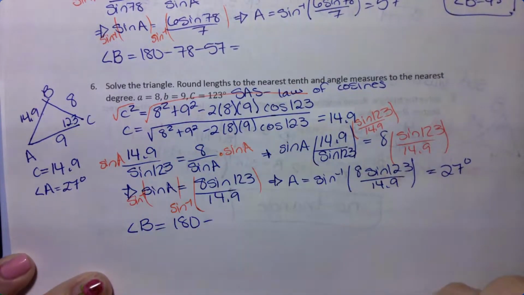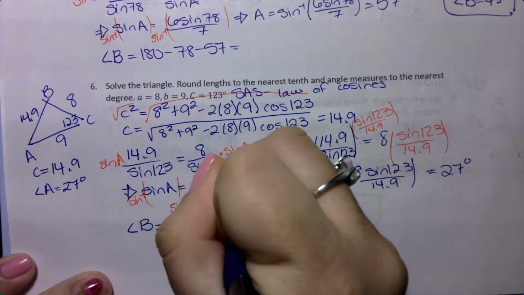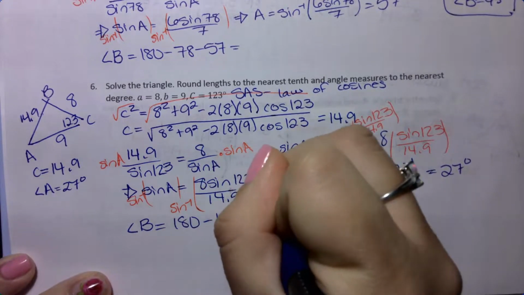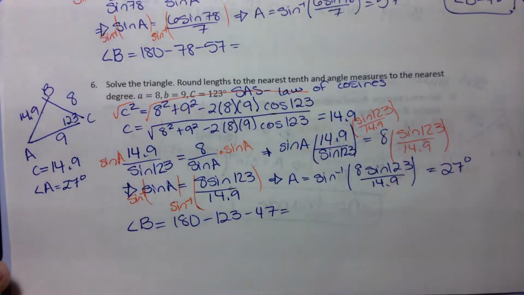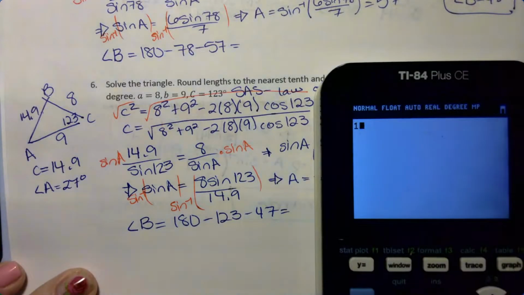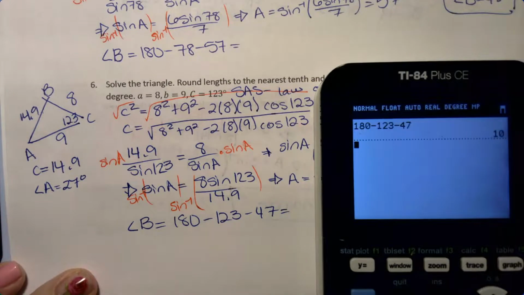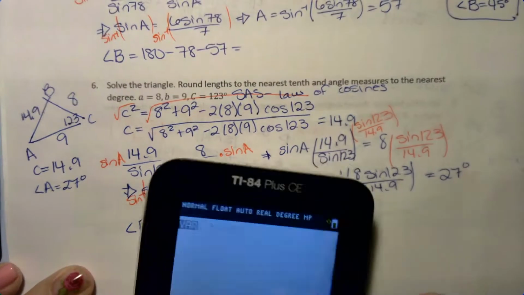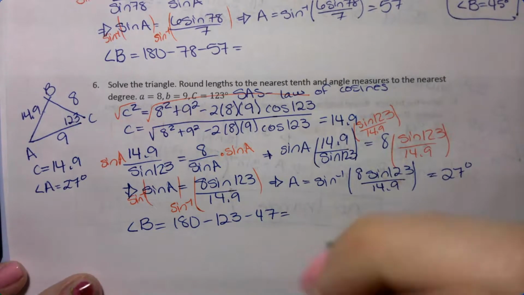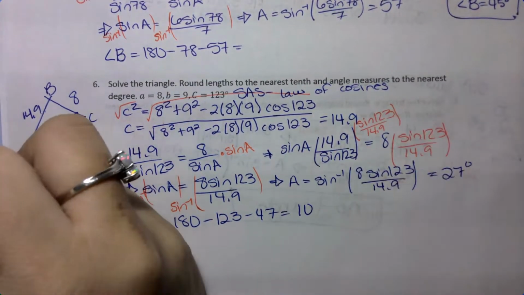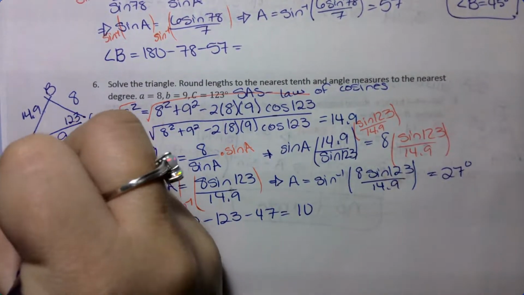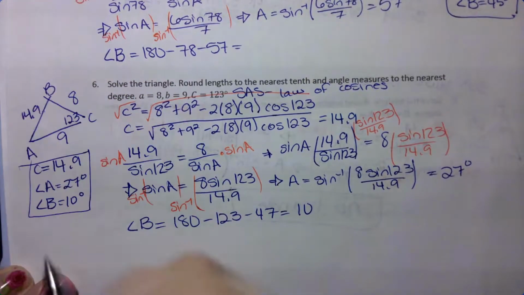So I have 180, and I'm going to subtract the angle I was given, which was 123, and the angle I just found, which is 47. Which gets me 10 degrees. And I have found my 3 missing pieces for this triangle.